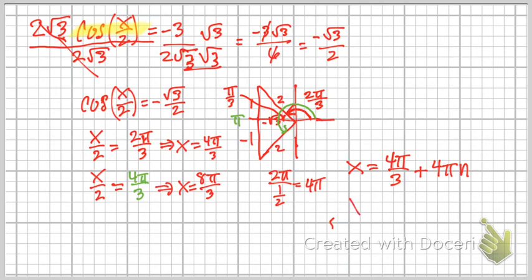And then for the other one, that's going to be x equals 8 pi thirds. And I'm going to have to add to that 4 pi n. So those would be all of the answers for that entire problem. Now I only have to write my answers this way when they don't put parameters like from 0 to 2 pi on there, or 0 to 360.